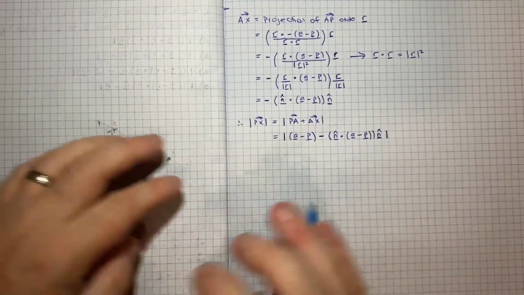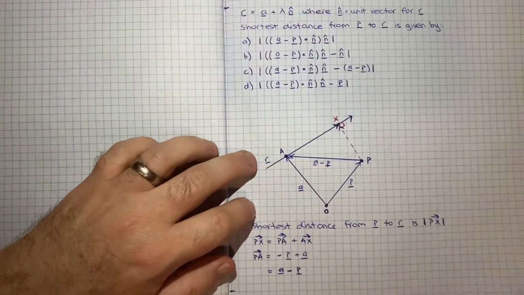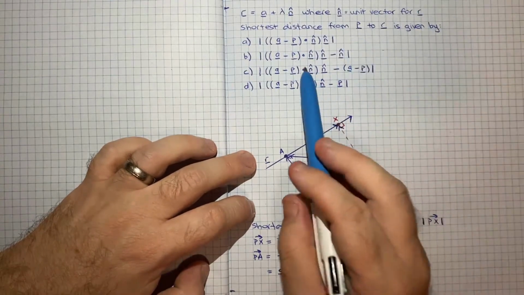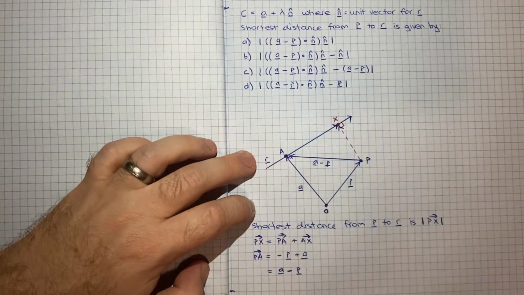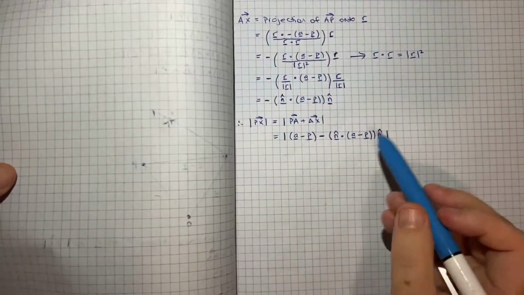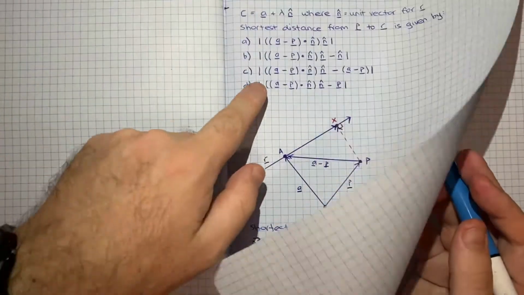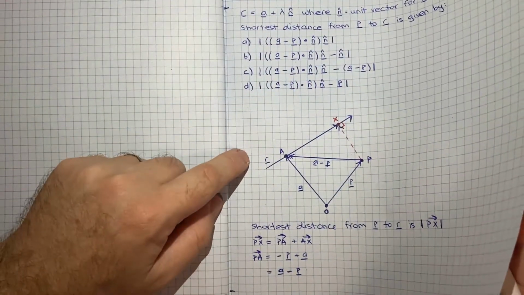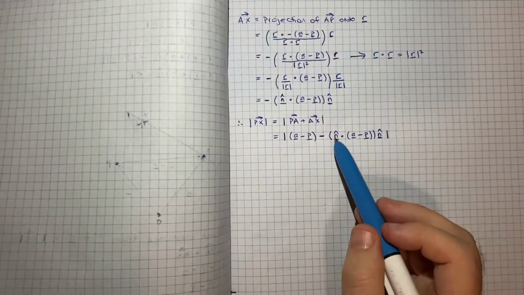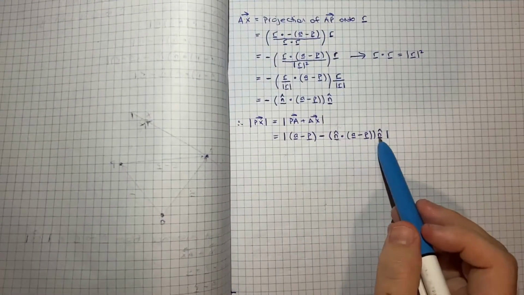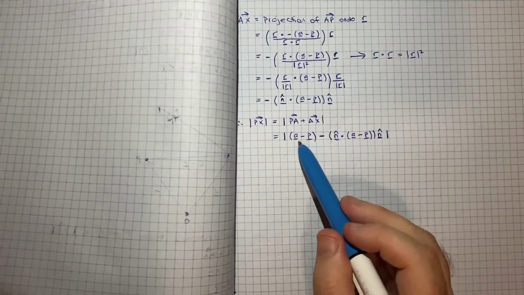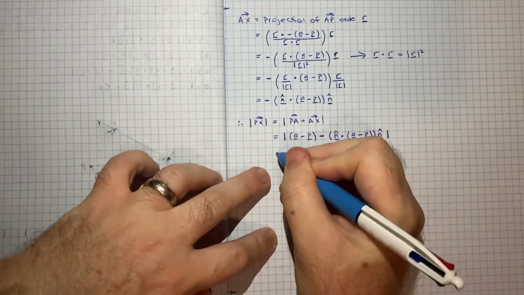Now that's very close to this option here, but notice the dot products are reversed, but that's okay. They can be written in any order. But notice that this bit is written before this bit. So it's as if we've had a negative in there.